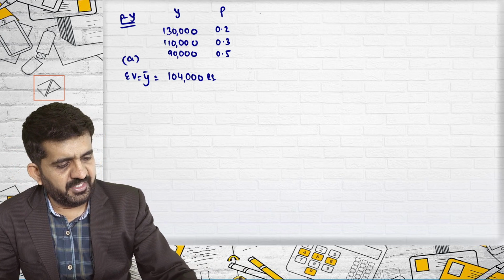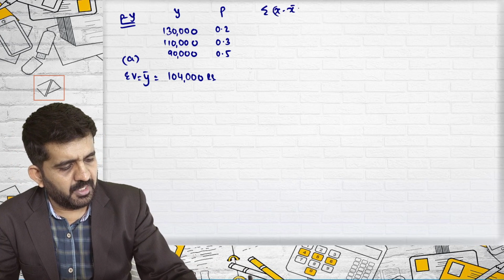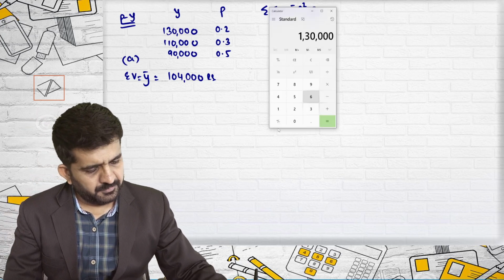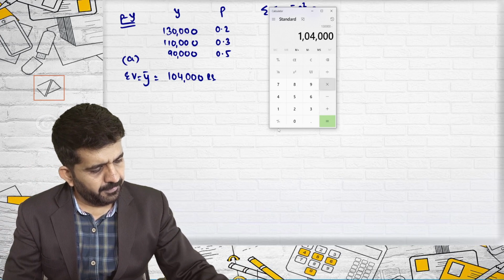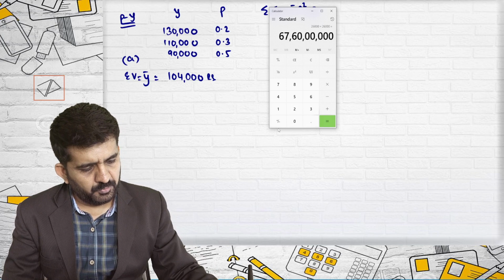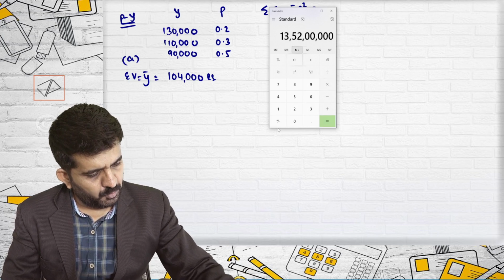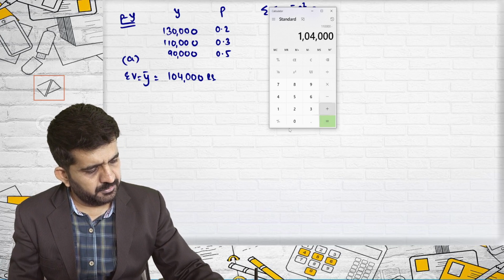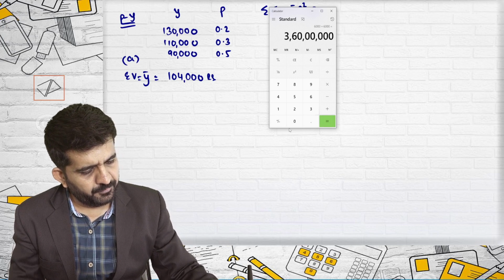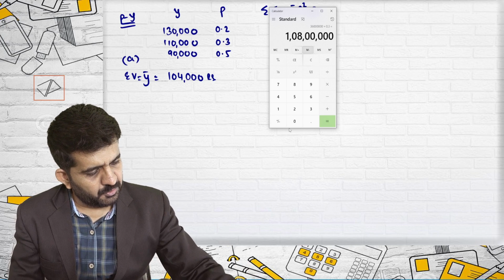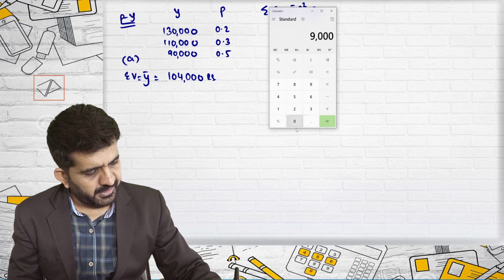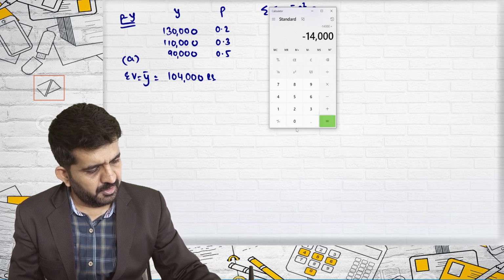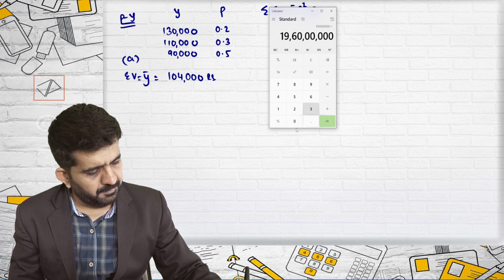I will be finding out variance by sigma x minus x bar whole square into P. So it will be 1,30,000 minus 1,04,000 whole square multiplied by 0.2, plus 1,10,000 minus 1,04,000 whole square multiplied by 0.3, plus 90,000 minus 1,04,000 whole square multiplied by 0.5.